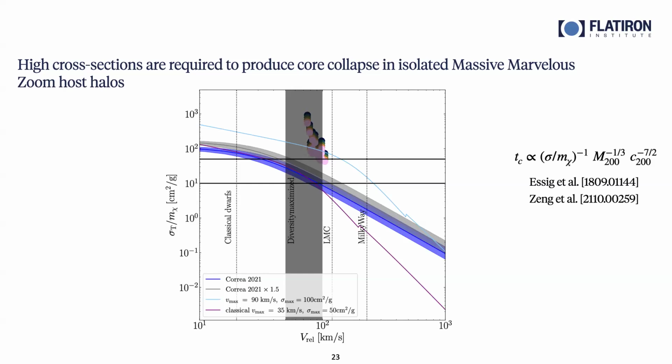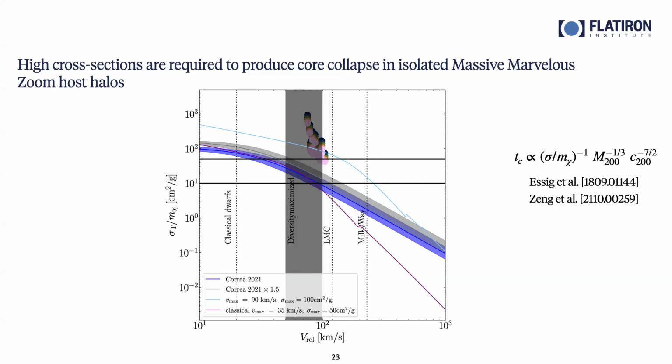That allows me to back out what the cross section needs to be for each of these simulations, and that's these dotted points here, where in a given line I've changed what the T collapse is between, I think, 9 gigayears and 13 gigayears.